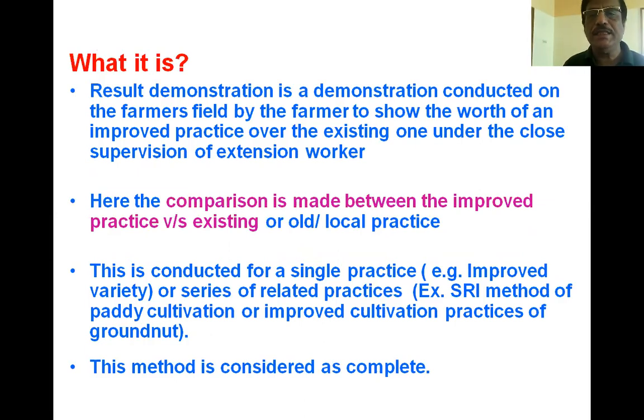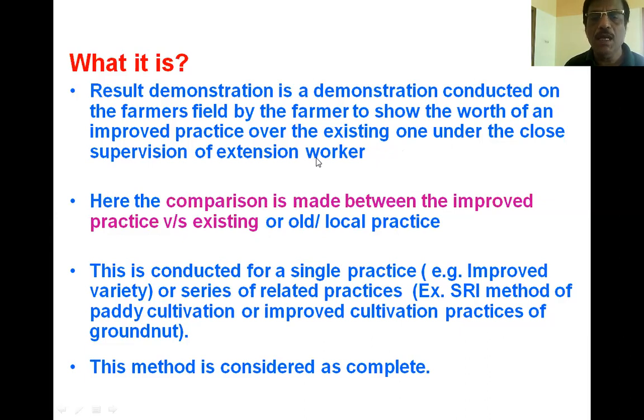Result demonstration is a demonstration conducted on the farmer's field by the farmer himself, to show the worth of improved practices over the existing one under the close supervision of the extension worker.